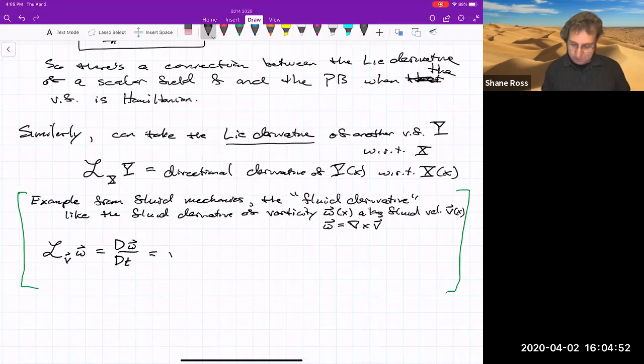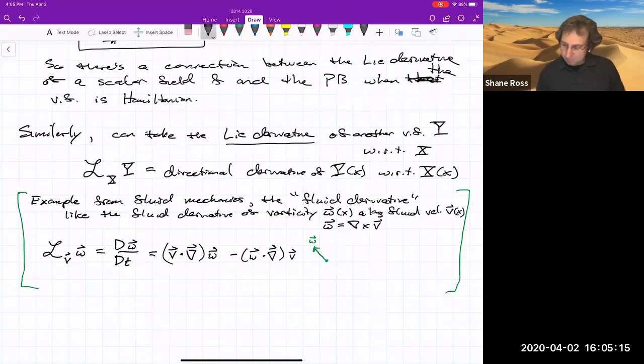And then this is written in this kind of cumbersome way, V dot grad omega minus omega dot grad V. I think of it as you've got your vorticity at a point and you've got the velocity.